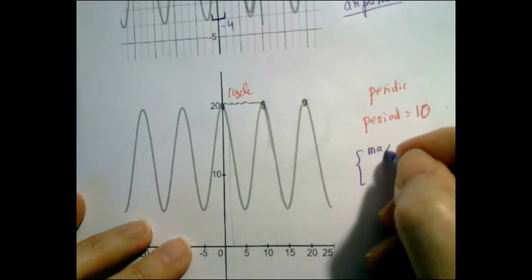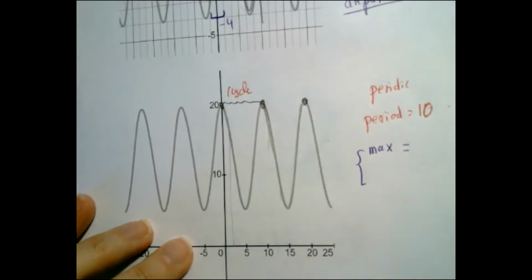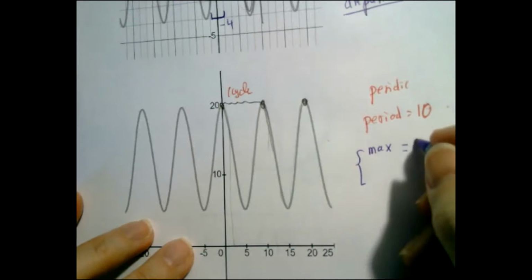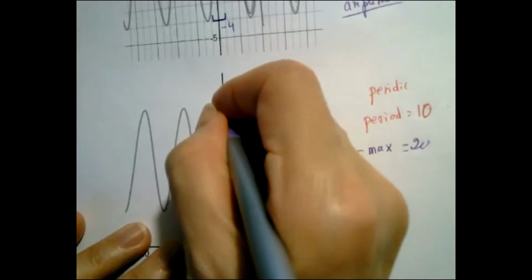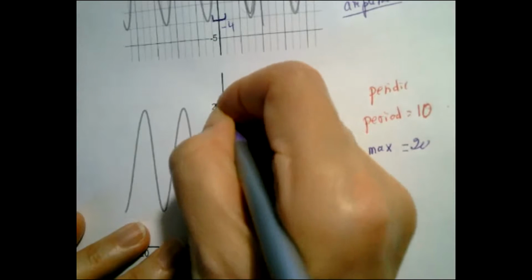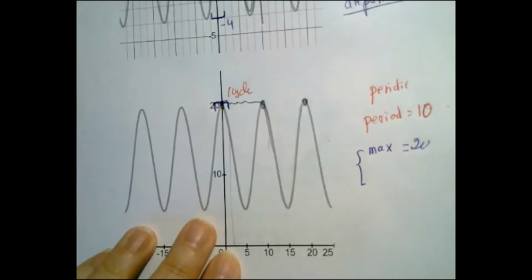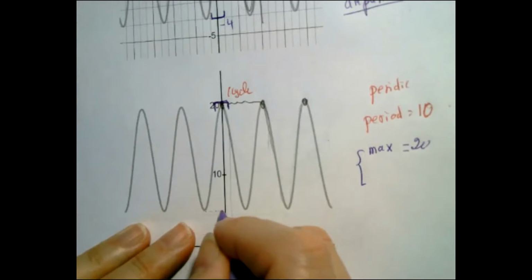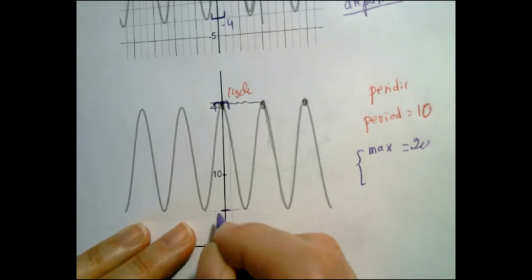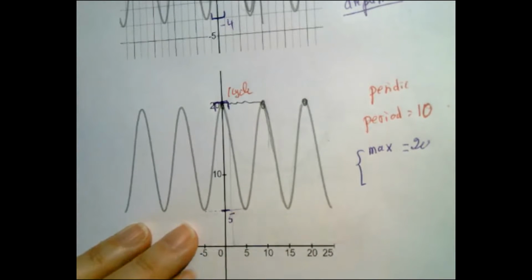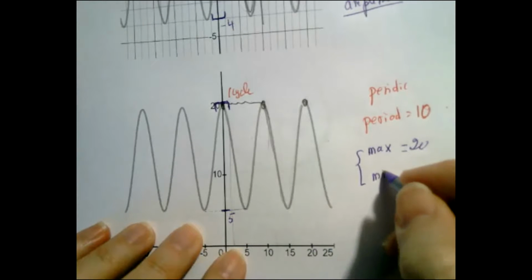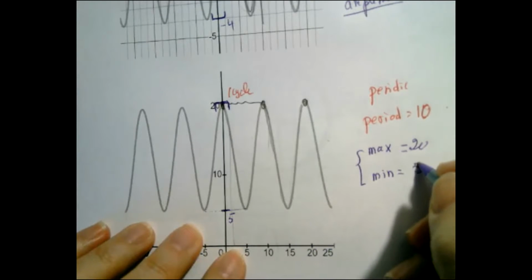What's the max? Everybody is telling me 20. And the minimum, even though it's not very well marked here, is 5.